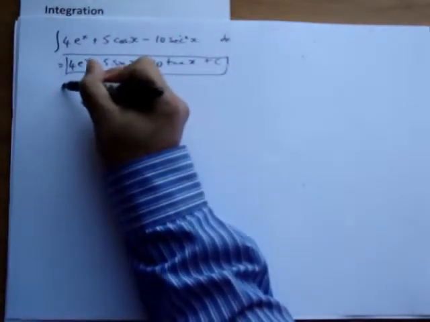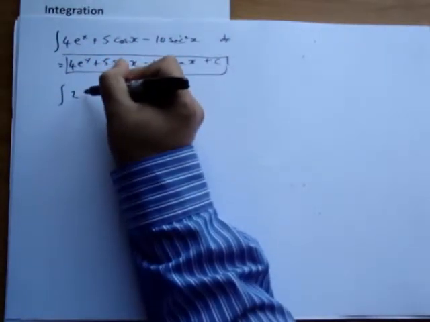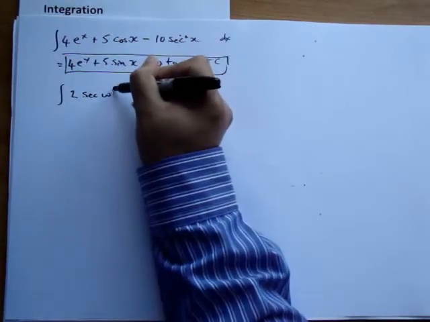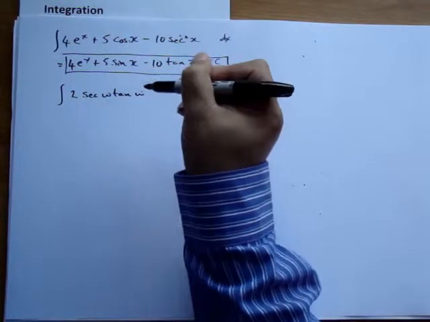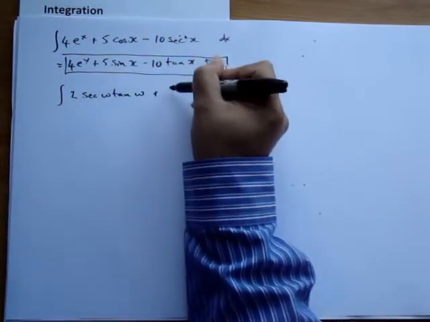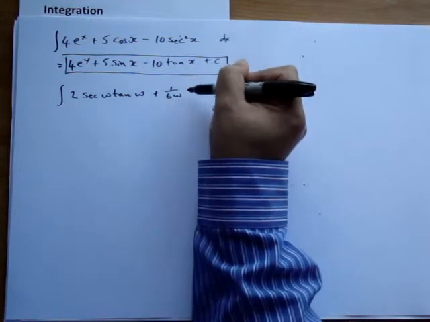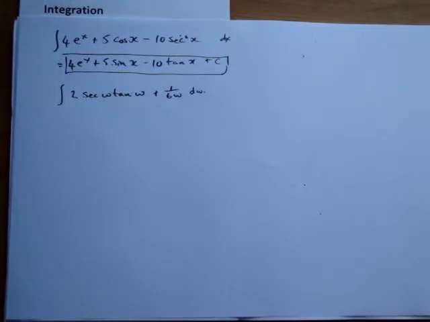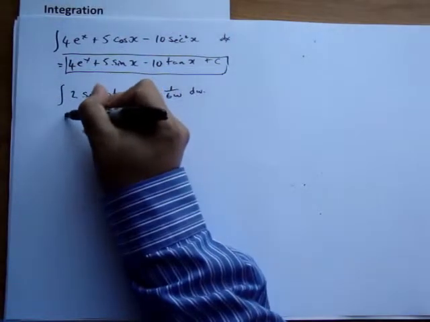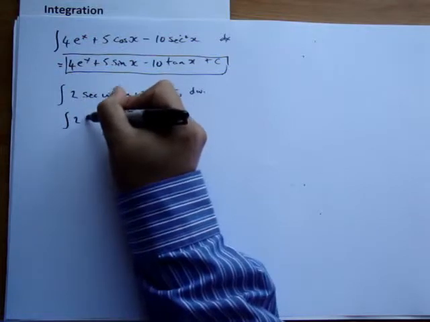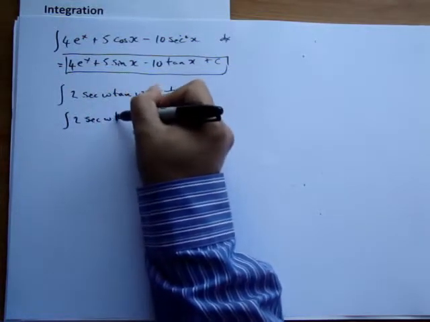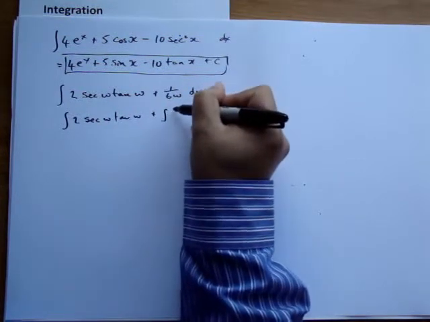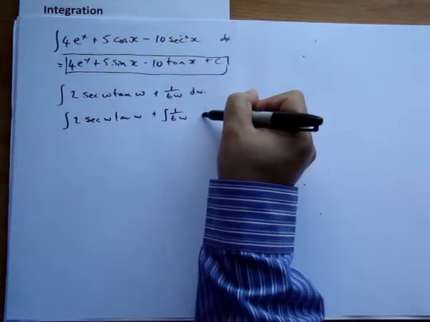You have the integral of 2 sec w tan w plus 1 over 6w dw. So we can split this into two, so we have the integral of 2 sec w tan w plus the integral of 1 over 6w dw.